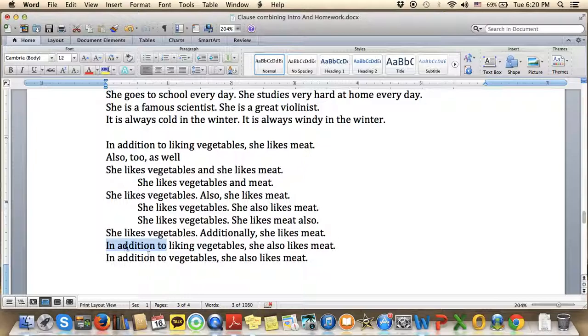So when I have one adverb right here, I can only put that also either here behind the subject, or I could put it back here at the end of the clause. So I could say, in addition to liking vegetables, she likes meat also. Or, again, I can say, in addition to vegetables, she also likes meat. And same thing, I could take this also right here, and I could move it right over there. But I cannot move it right here.